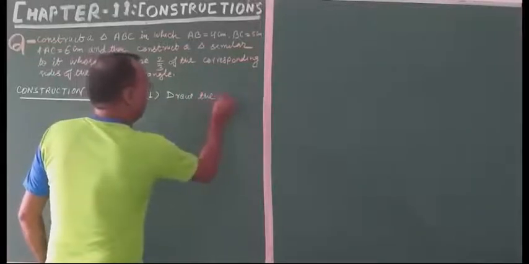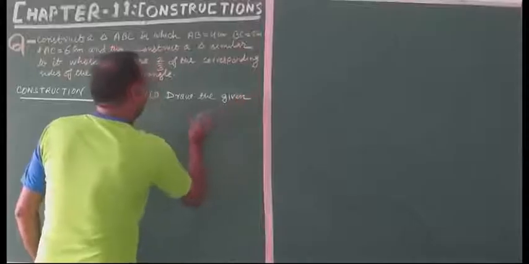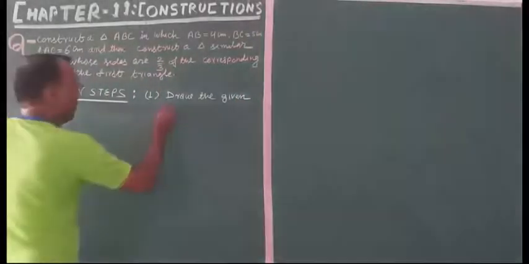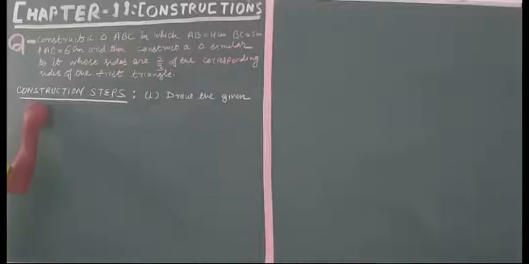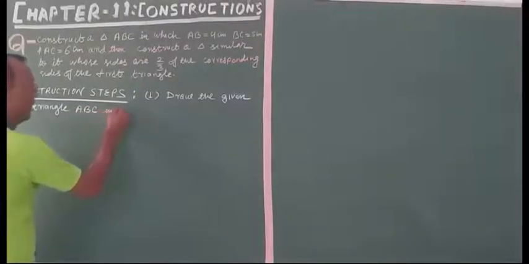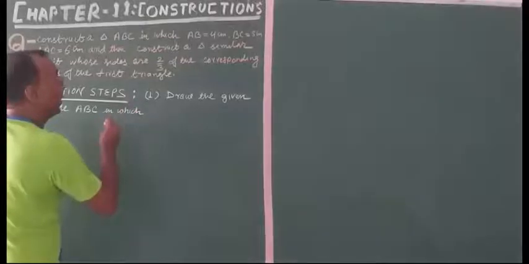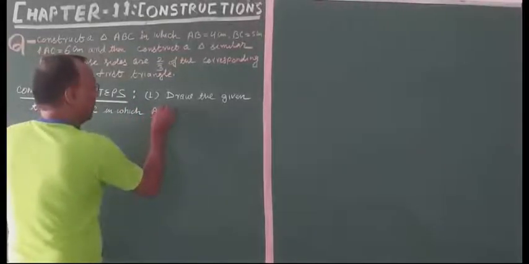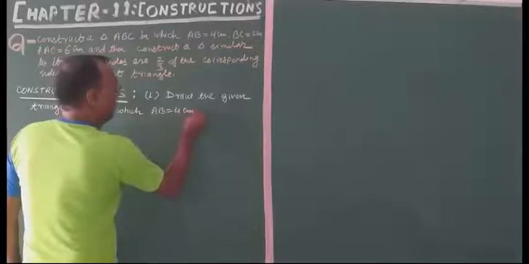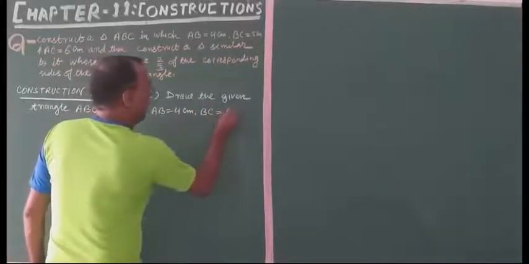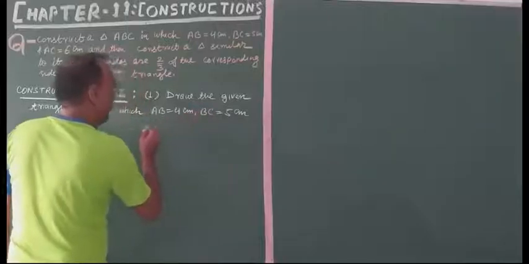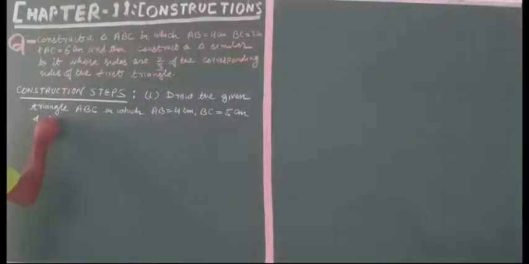Draw the given triangle ABC in which, just look here, AB is equal to 4 centimeter, BC is equal to 5 centimeter and AC is equal to 6 centimeter. Is it there?